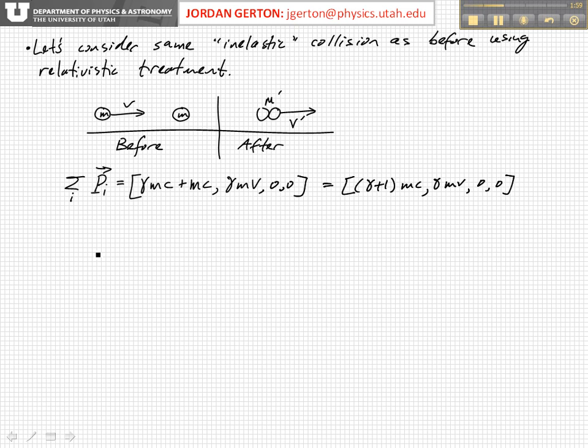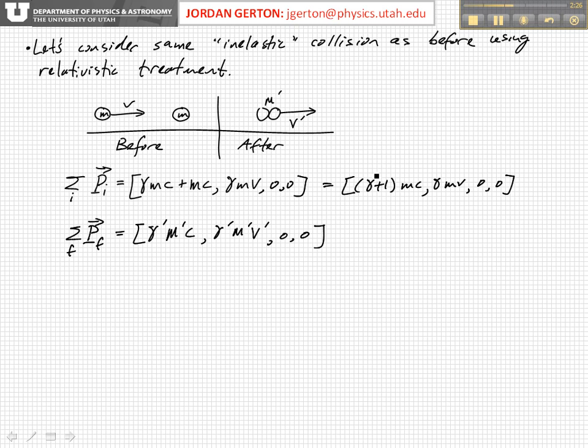Okay, now the total four-momentum after the collision is just equal to gamma prime M prime c and gamma prime M prime v prime. Everything's still going to be moving along the x direction, so the y and z components are 0.